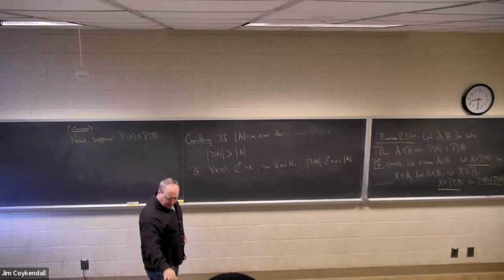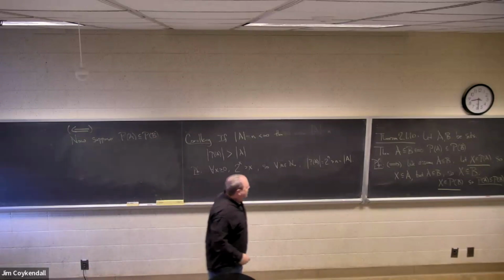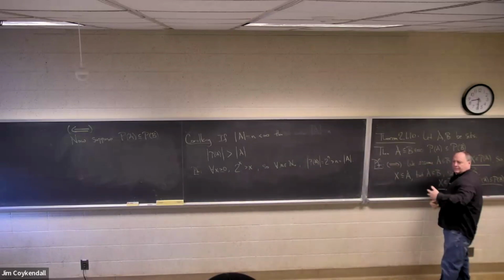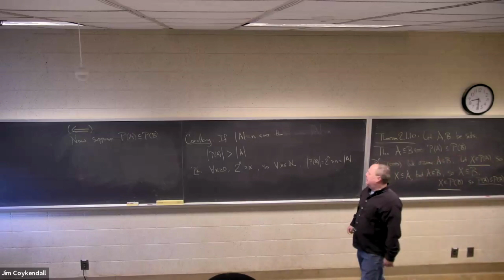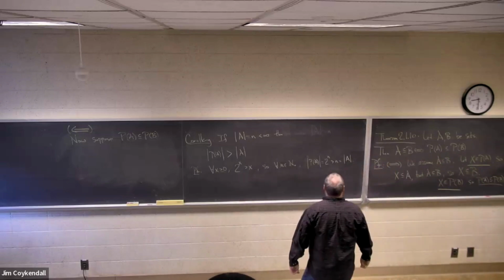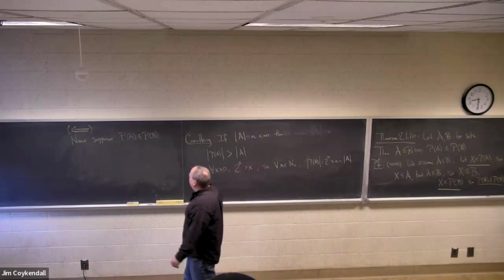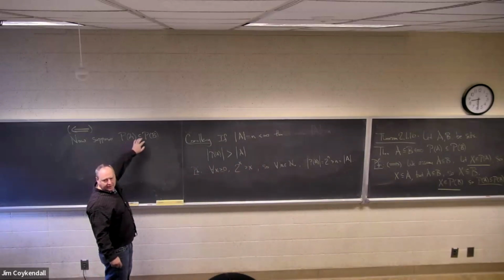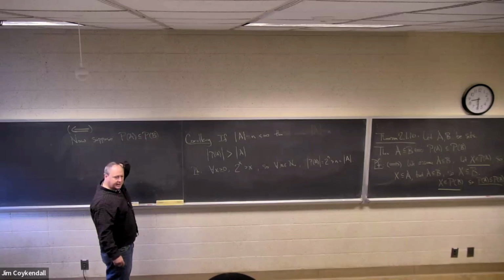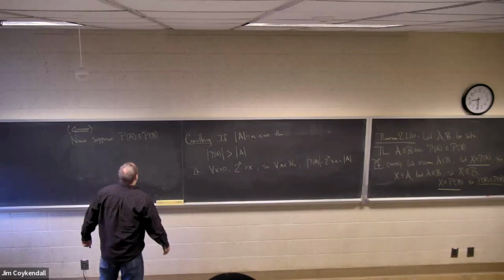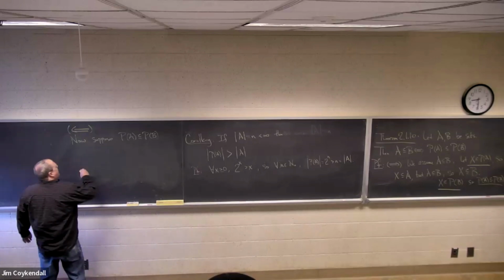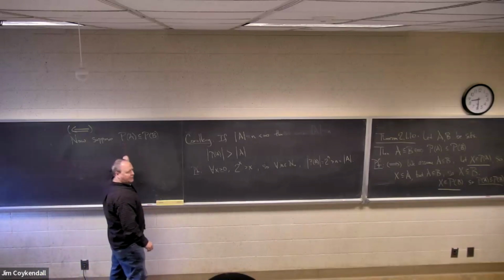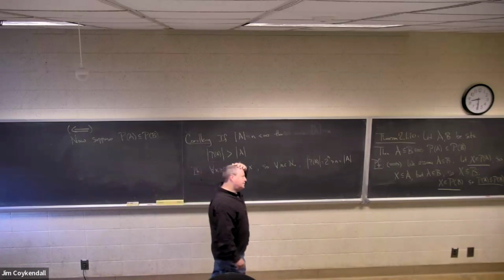Now we want to start with this statement and go through a logical sequence of steps and get that A is contained in B. Okay. So now we know that the power set of A is contained in the power set of B. Well, how do I show that A is contained in B?